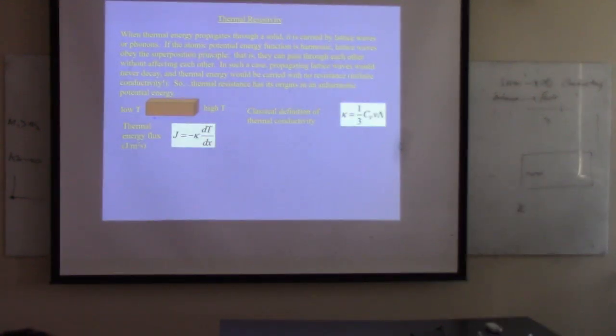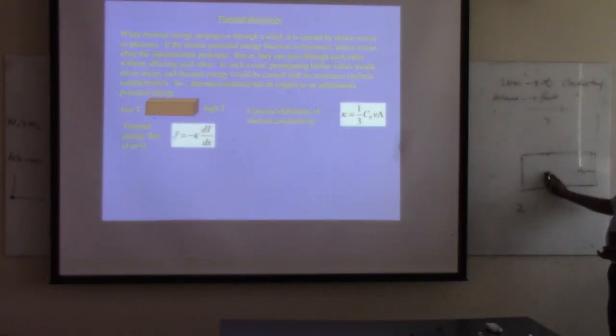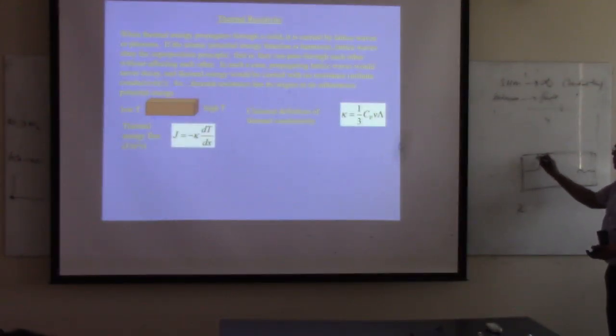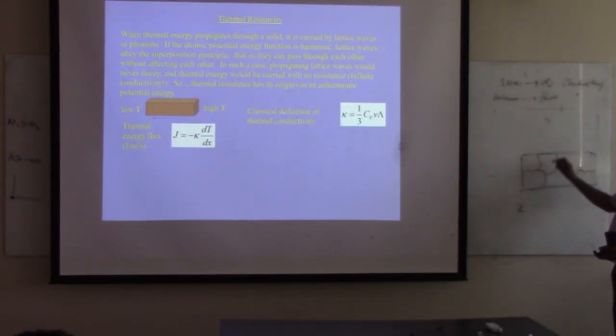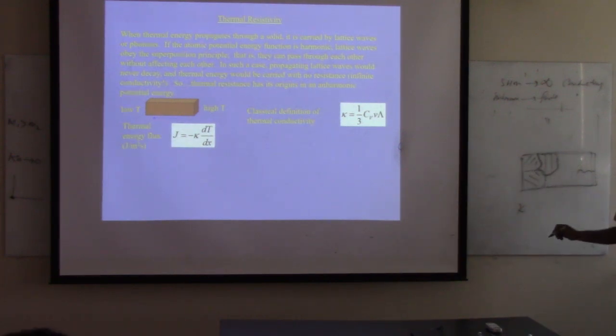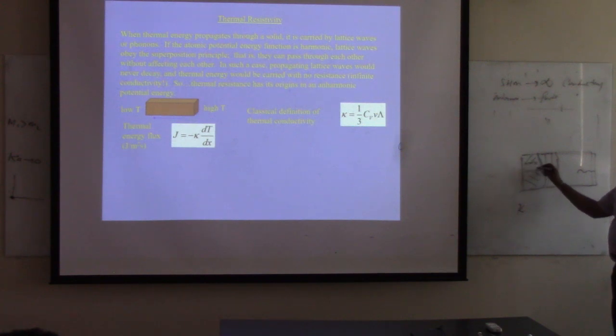Can you imagine? This is a material, right? If it's a finite material, they can always get scattered from the boundaries, right? If the phonons are moving this way, they can get scattered from the boundaries of the sample. Or if you have, say, a polycrystalline sample, what are these? Grain boundaries, right? So these phonons can get scattered from the grain boundaries.